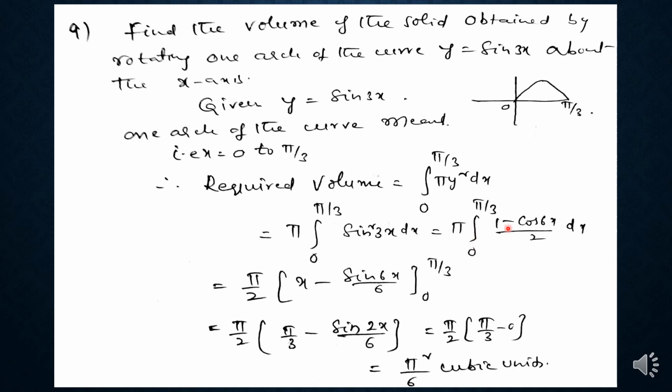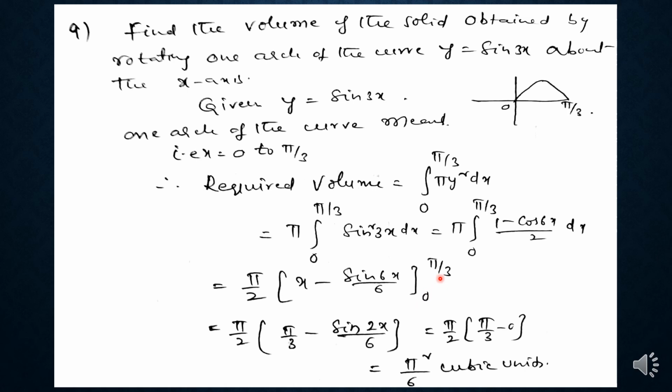Now by integrating this function we will get pi by 2 into integral 1 dx is x, minus integral cos 6x dx is sin 6x by 6, from 0 to pi by 3.